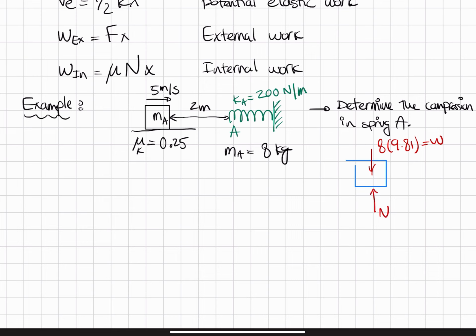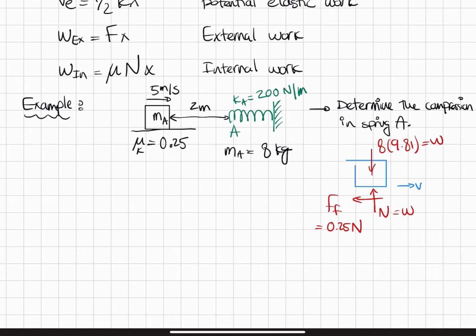In this case, normal and W are equal, right? If we are moving in the right direction, that's the direction of velocity, we're going to have a friction force in the opposite direction, F of F, which is equal to 0.25, right? This is using the coefficient of friction times N.